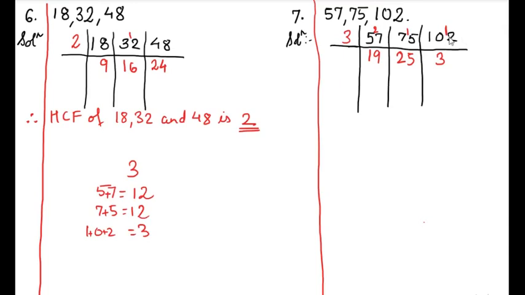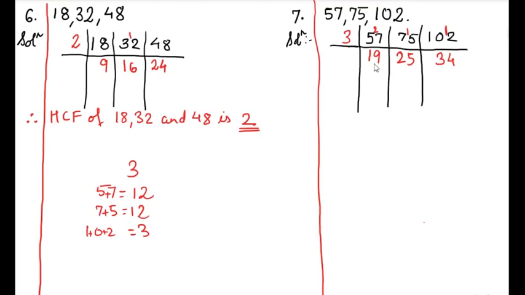So it becomes 12. Is 12 divisible by 3? Yes. 3 4s are 12. So 3 34s are 102. So now all three numbers were divisible by 3, and when we divided, we got the answers as 19, 25 and 34.